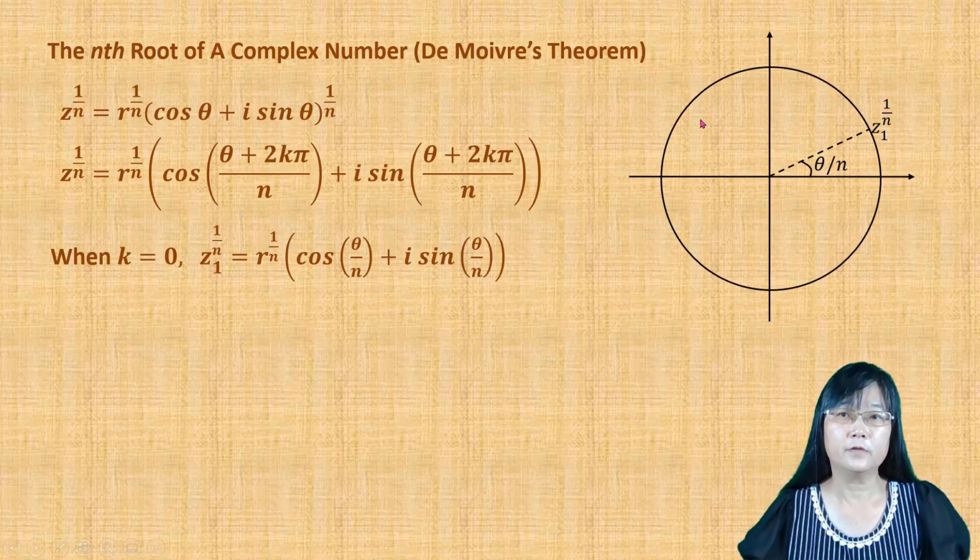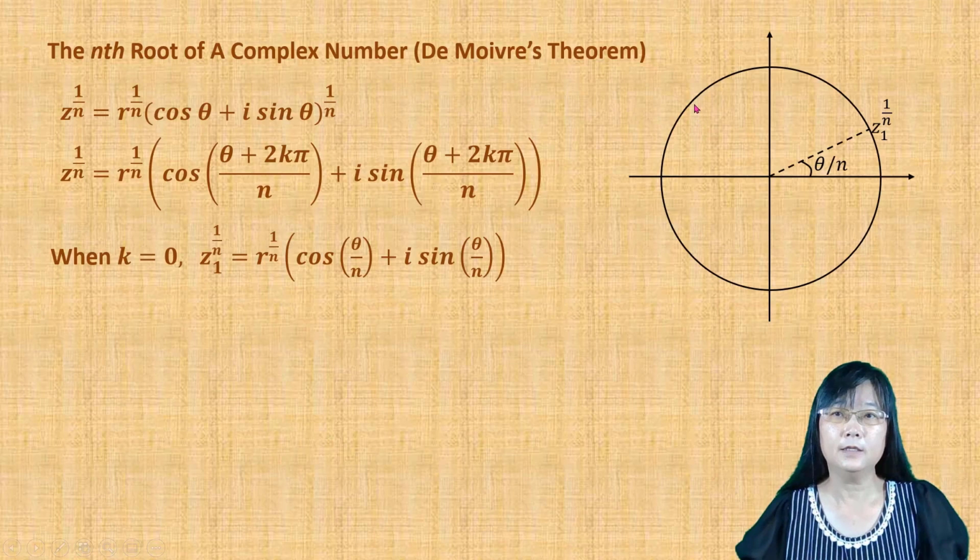The 3 values of the root will divide the circle into 3 equal parts, where the angle at the center of each sector is equal to 2 pi divided by 3, where the second value will be somewhere here, and the third value will be somewhere here.